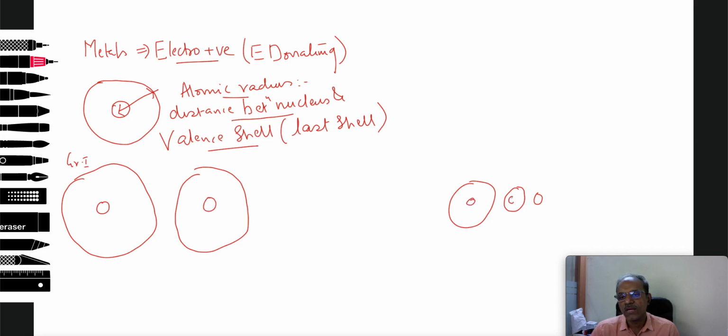From left to right. Fine? Now, as the distance in group 1 and group 2 is maximum from here to here, thus the force of attraction between the nucleus and the valence electron is the least.